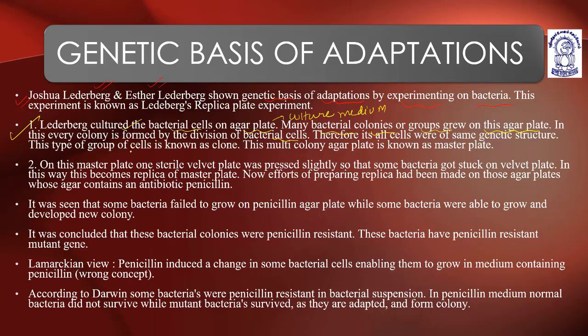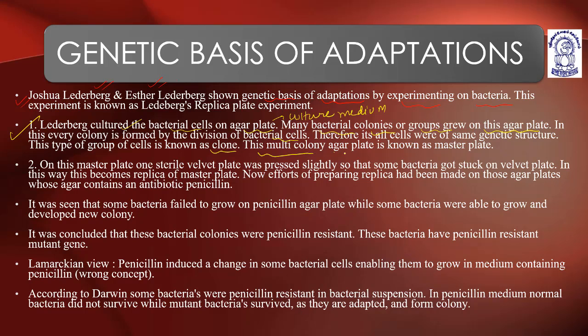This type of group of cells is known as a clone. The agar plate has the essential nutritive supplementation for the growth and division of bacteria. Whatever generations are formed have the same genetic structure, and if they have the same genetic structure, they have the same ancestry.